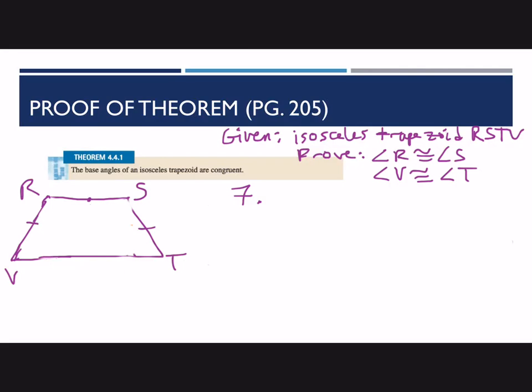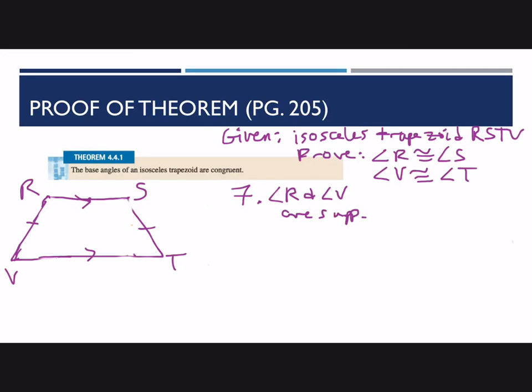Okay, if you look at angles R and V, notice we already stated previously that RS and VT are parallel, so that would make angles R and V consecutive interior angles. Okay, so we know that R and V are supplementary.